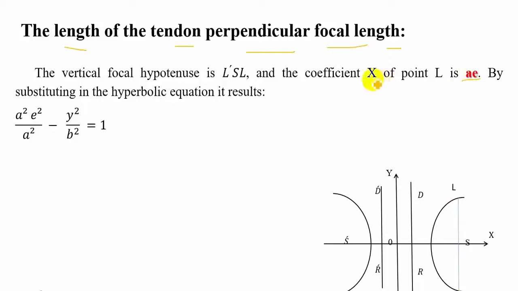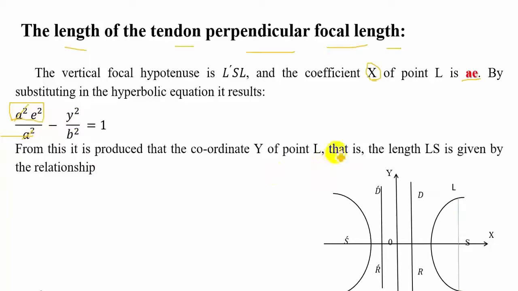So I can substitute x by substituting into the hyperbola equation itself, so instead of x we are going to put a square e square over a square, and that means e square equals like that.